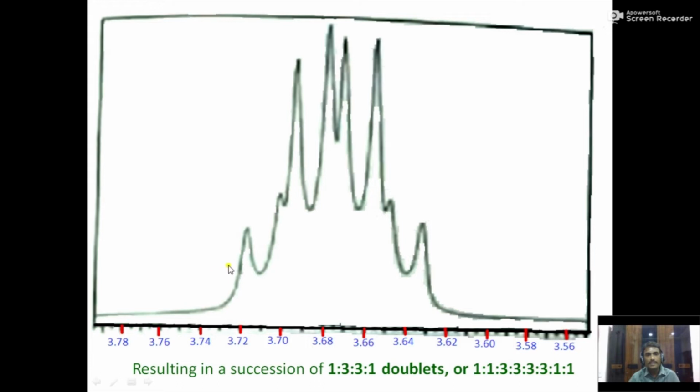You can see that here 1:1 is there, and this corresponds to 3:3, 3:3. So the splitting results in a succession of 1:1, 3:3, 3:3, 1:1 doublets.